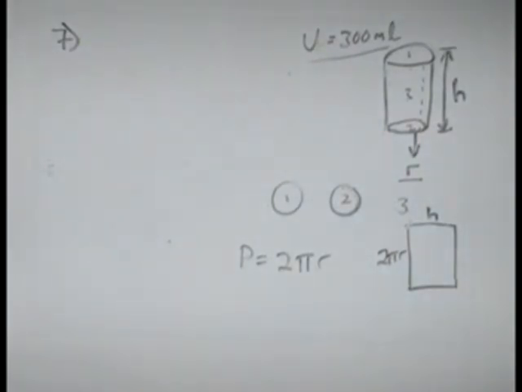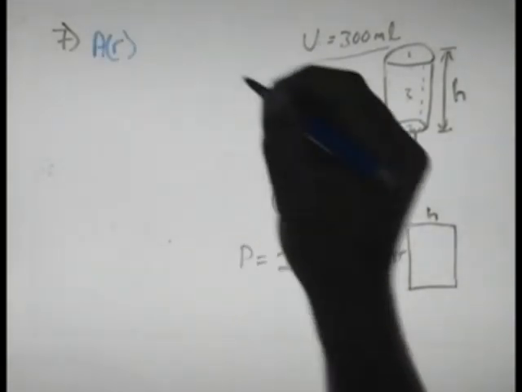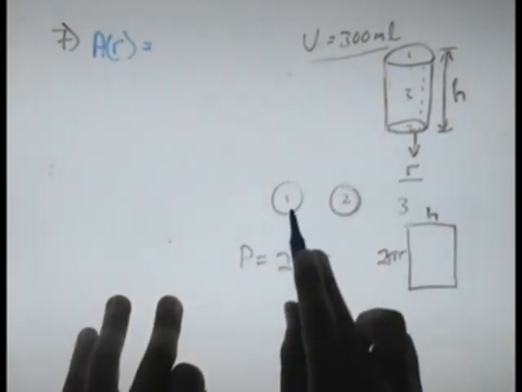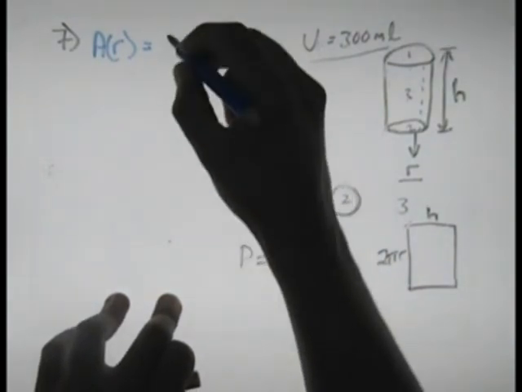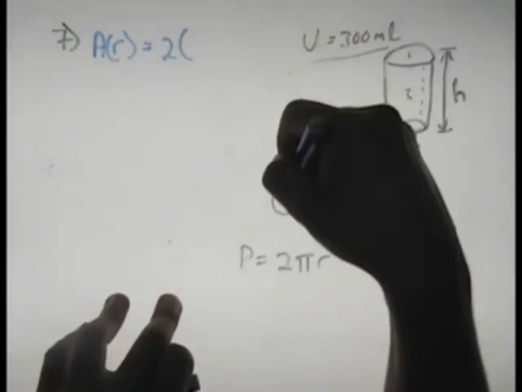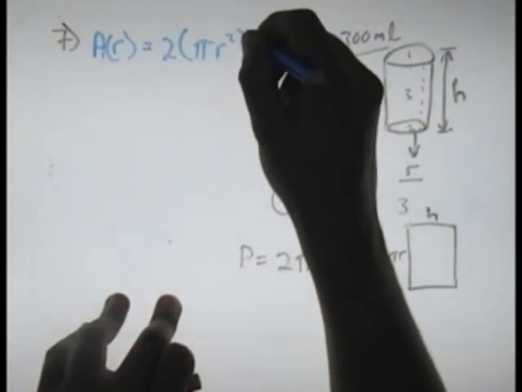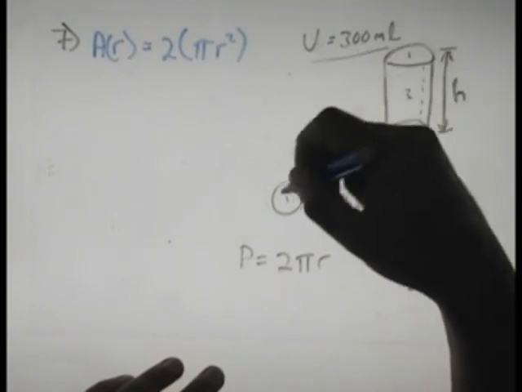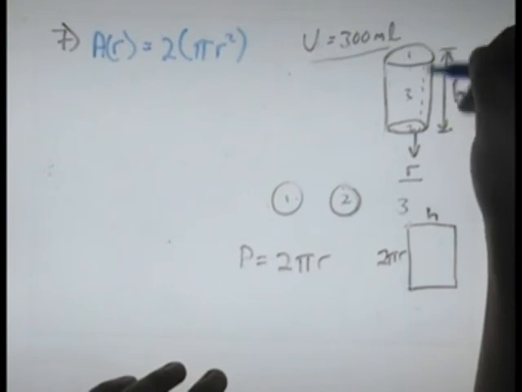That means that the total surface area of this cylinder is going to be given by 2 times the area of the base, so it will be 2 times the area of one of them, which is pi r squared. Remember, this is the area of a circle. That's the area of one of them multiplied by 2 because I've got the base and the lid.